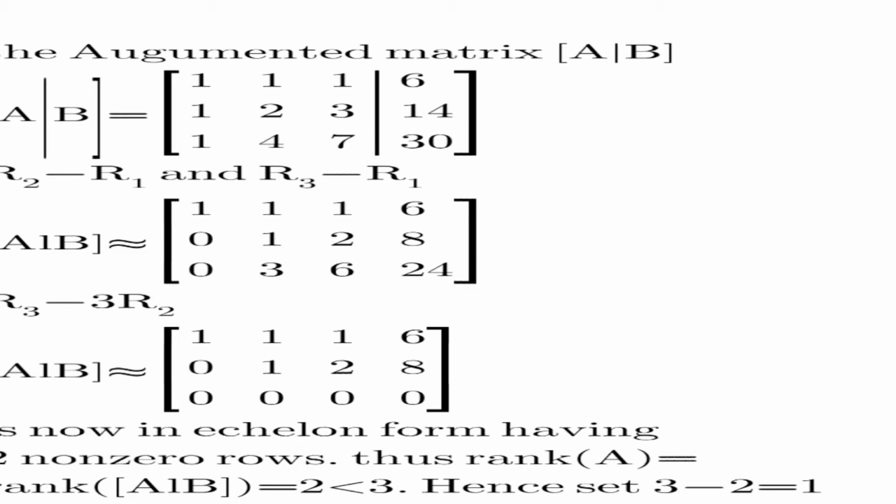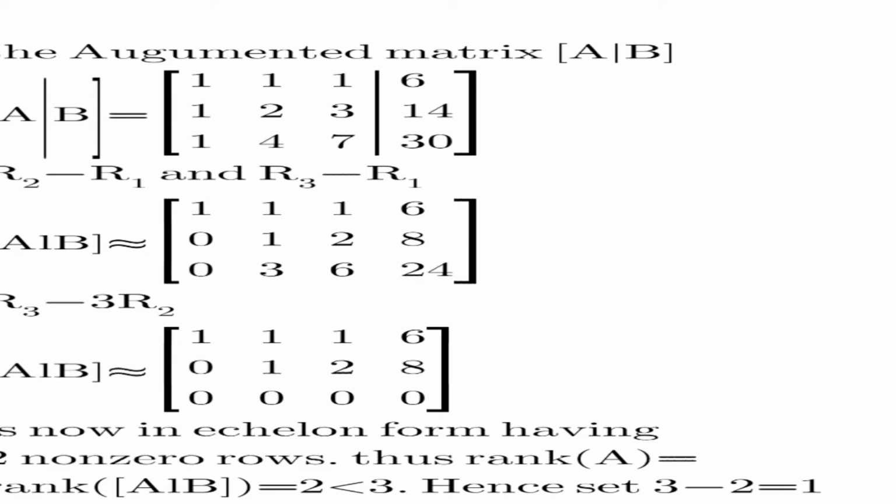So we write in the first row the coefficients of unknowns with the constants, that is 1 1 1 6, and in the second row we take 1 2 3 and 14, and in the third row 1 4 7 and 30.